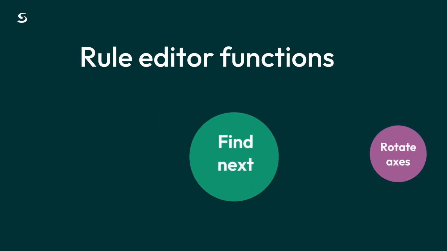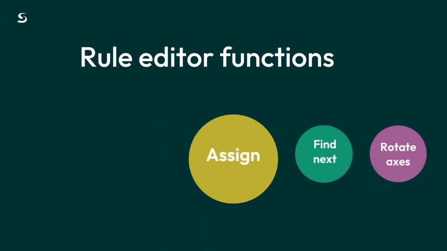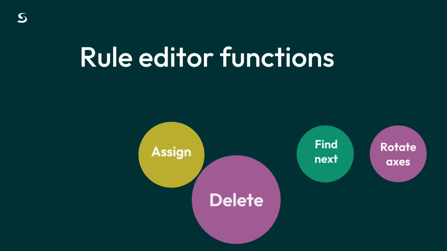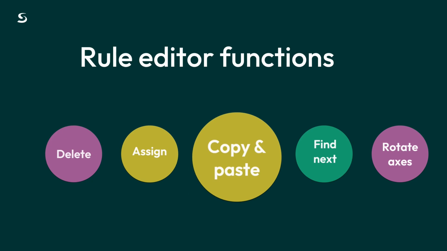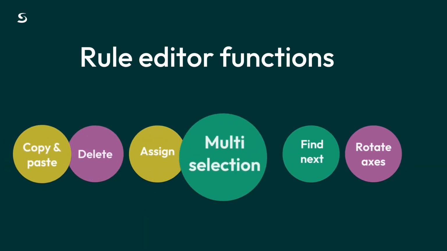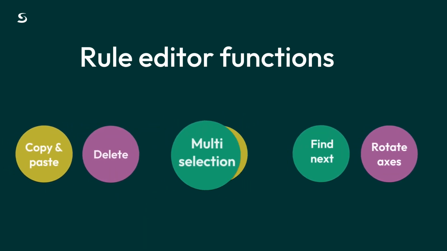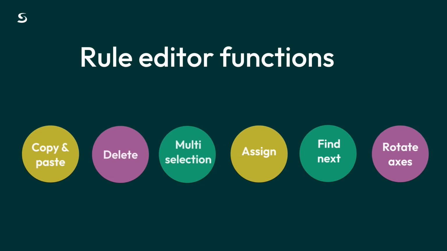Basic steps in the Wool Editor like Find Next, Assign, Delete, Copy and Paste and Multi-Selection are intuitive to use and make grading easier. We will show you how SmartGuide can speed up your workflow, and you will get tips and tricks for better fitting grading.